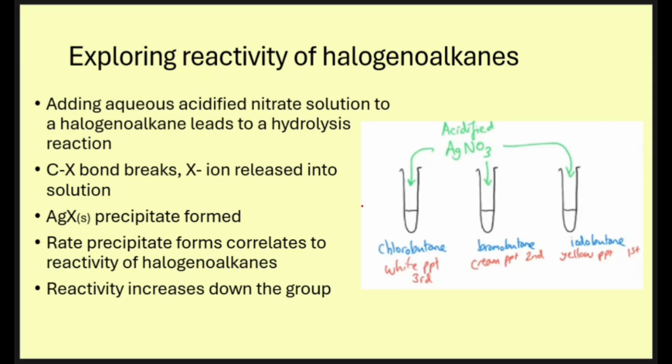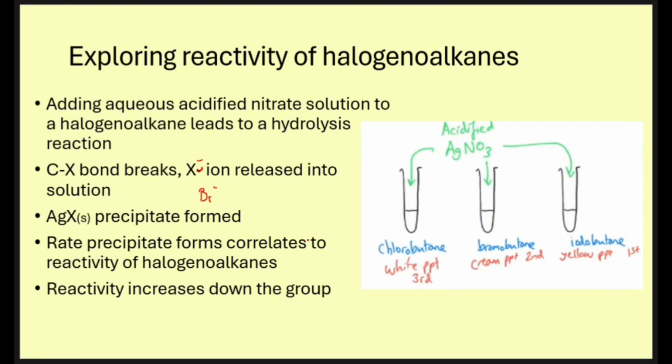How quickly a precipitate forms shows us how quickly the molecule can react. The carbon-halogen bond breaks and the halogen ion is released into solution. So let's say the bromide ion is released into the solution, and then this molecule is formed, AgX, which for the halogen is AgBr perhaps, a precipitate.